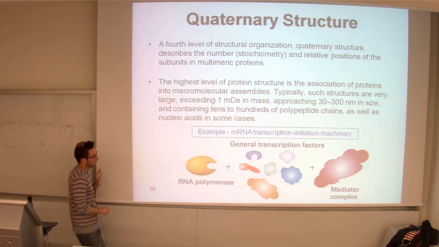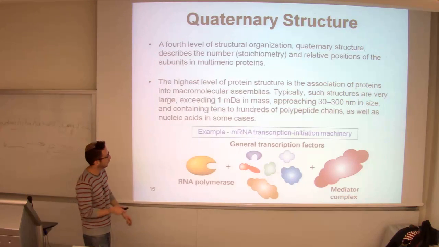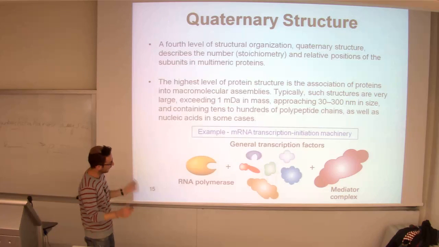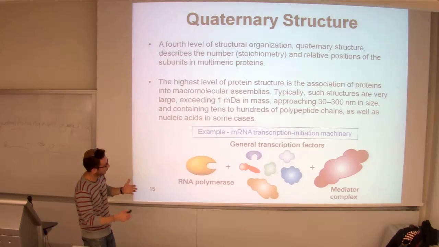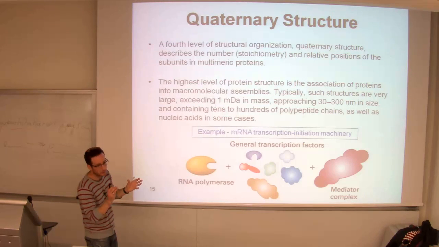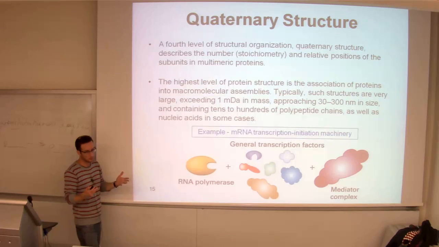There are also not only proteins, but also RNA molecules embedded in this complex. So explaining the number of each protein and the orientation in which they link to each other will be a quaternary structure description.